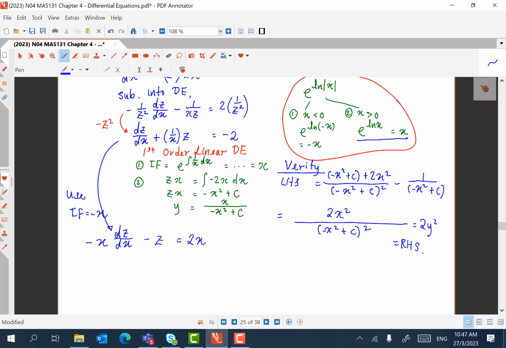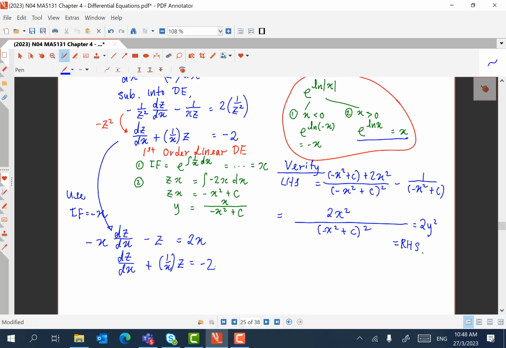On the left hand side, what do you get? I times that by minus 1 over x. I get dz/dx plus 1 over x z. I get back the same thing. I'll still get back the same thing.